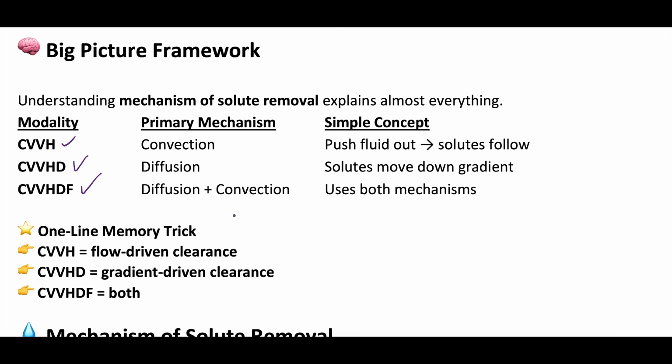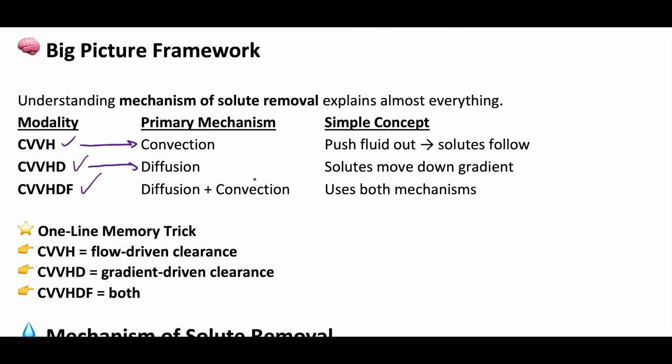Okay, so talking about CVVH, CVVHD, and CVVHDF in terms of their primary mechanism and what's conceptually happening. Well, CVVH, as we know, uses convection to remove solutes. That's where the transmembrane pressure pushes plasma water across the filter, in which solutes then get dragged into the ultrafiltrate, whereas CVVHD uses diffusion.